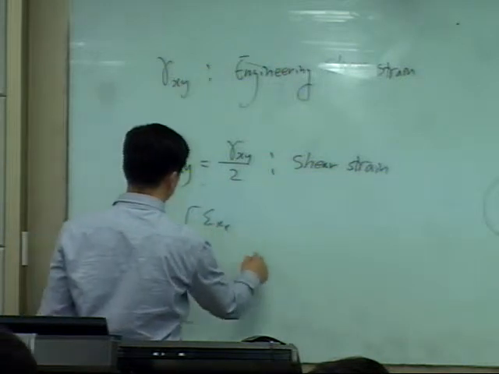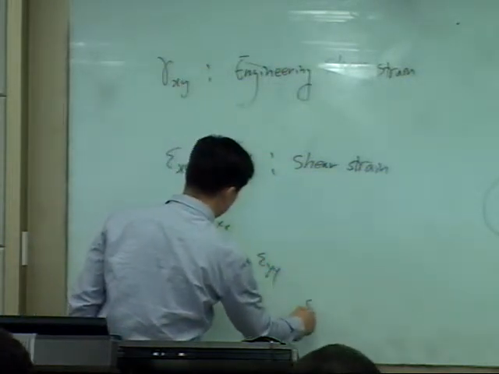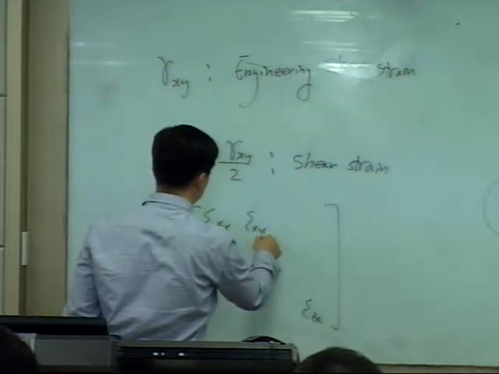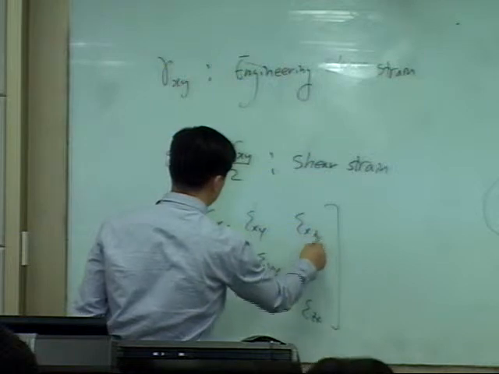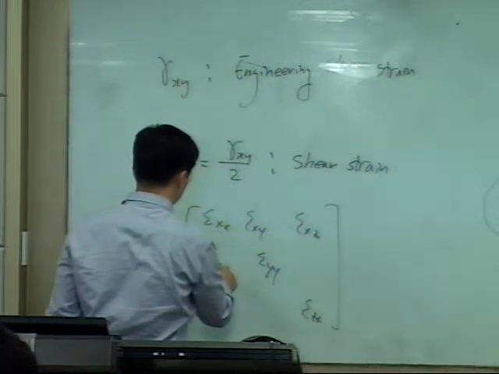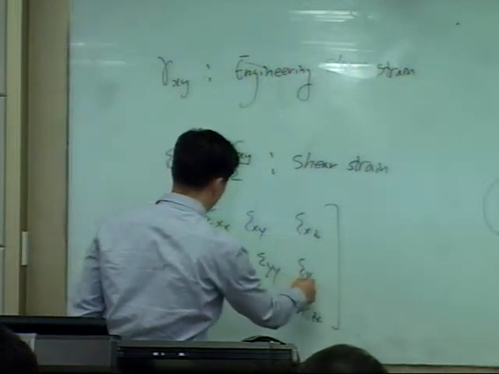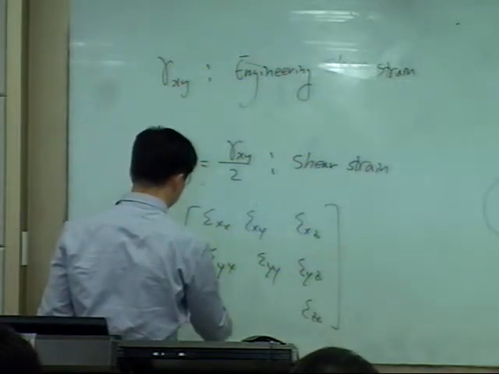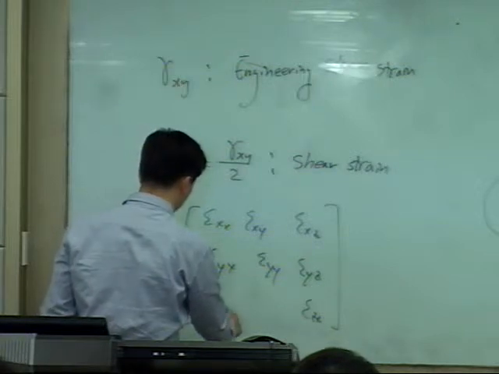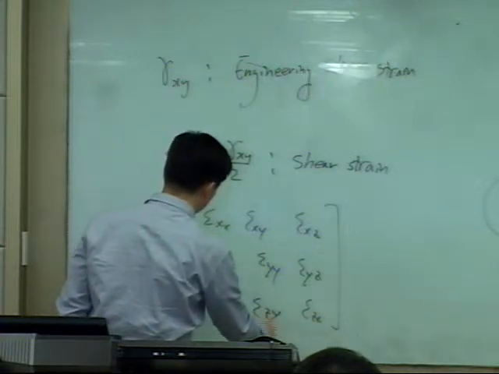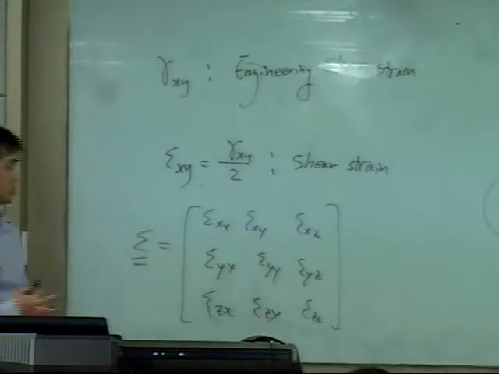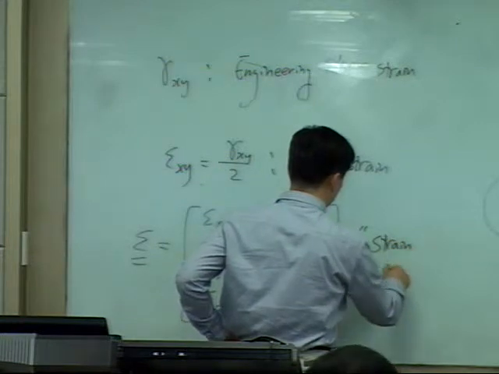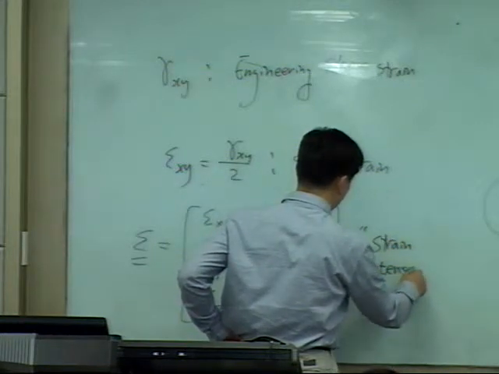Strain XX, strain YY, strain ZZ, strain XY, strain XZ, strain YX, YZ, strain ZX, ZY. This is named the strain tensor. Strain tensor. Okay.